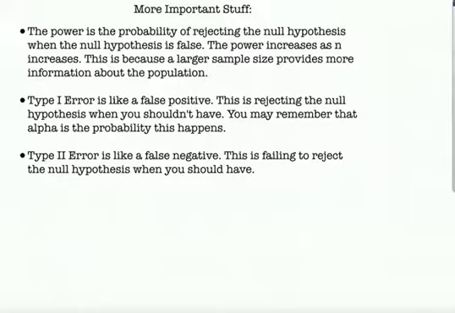That is what alpha is. So alpha is the probability that this happens. Alpha shows how likely it is that you reject the null hypothesis when you shouldn't have. A type 2 error is going to be a false negative. So a false negative would be failing to reject the null hypothesis when you should have rejected it.